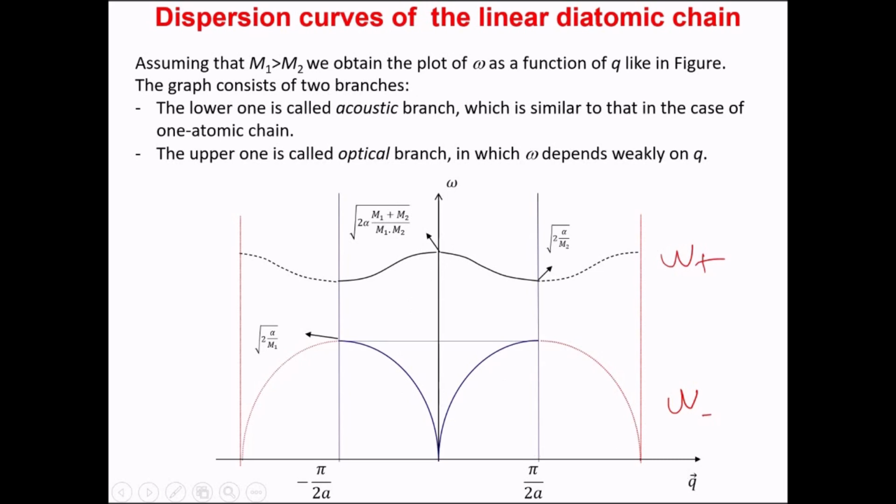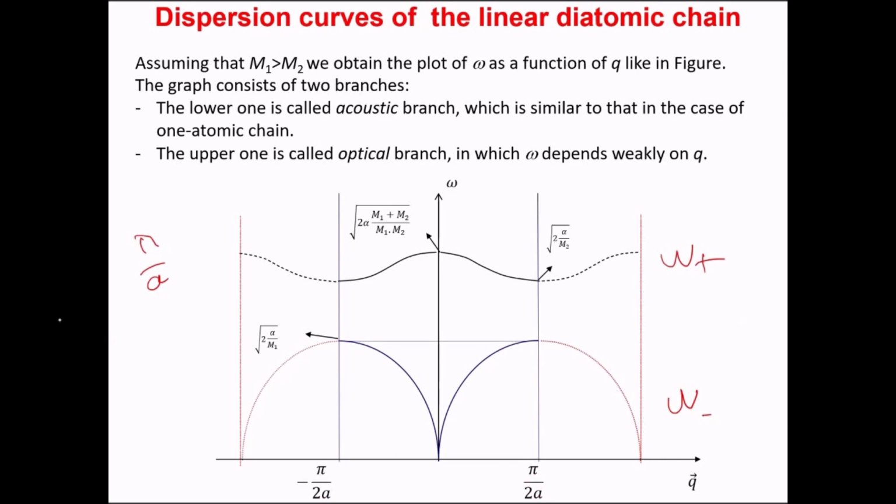So we have two branches, and they depend on Q periodically. Because it's periodic, we don't have to consider all the values of Q, but we consider the dependence of omega on Q in this range only. The periodicity in this case is pi over a, so we consider from minus pi over 2a to plus pi over 2a.